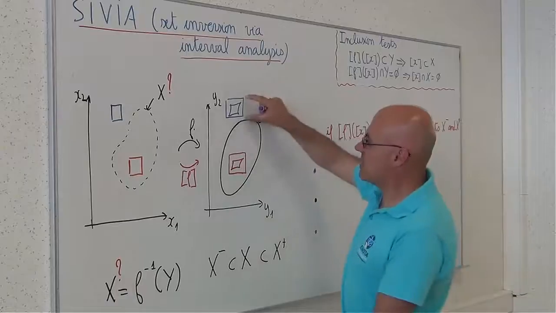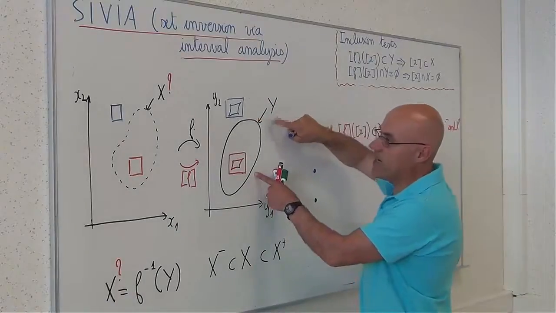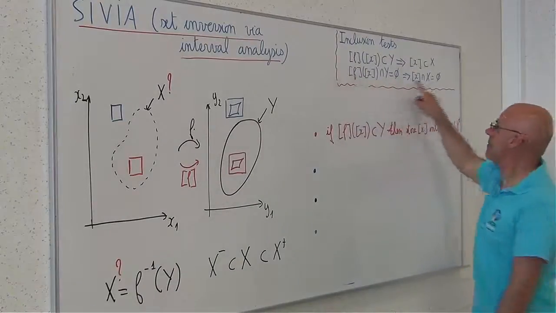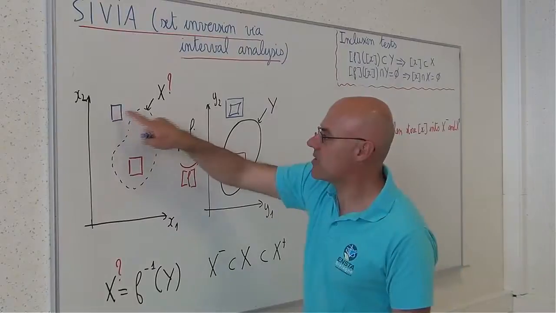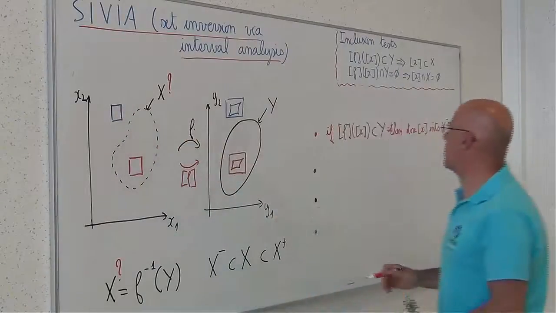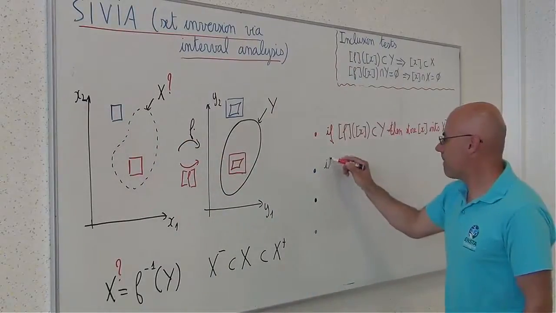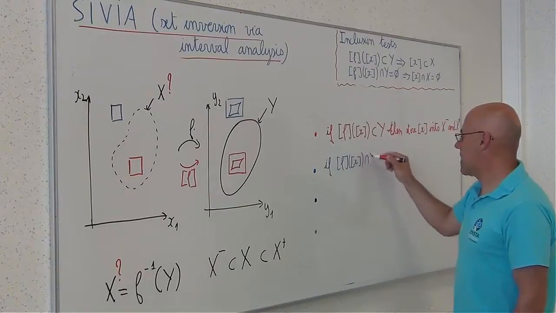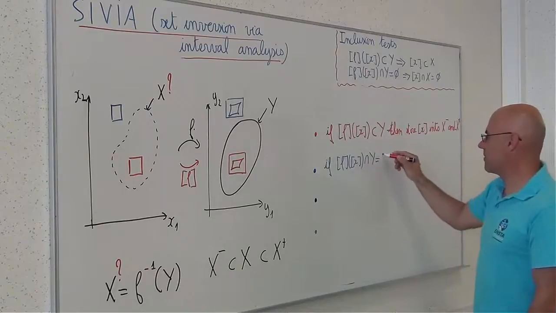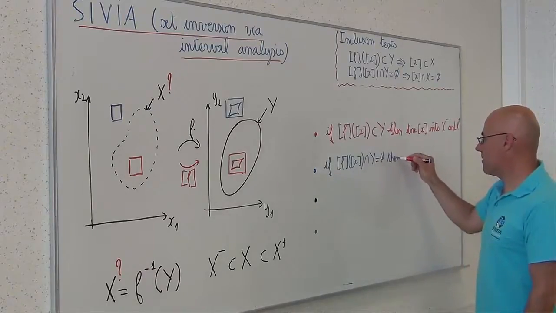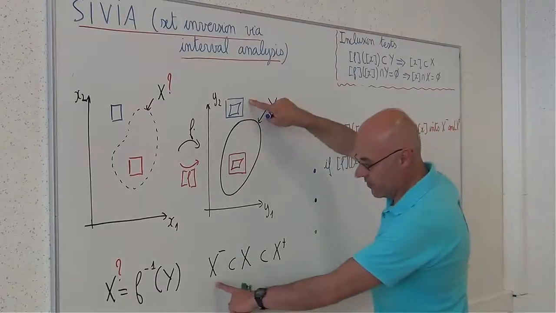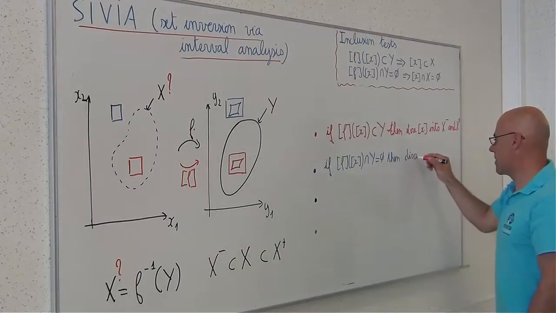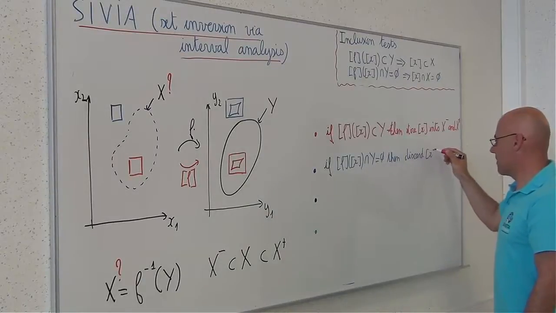And since this box is outside y, I can conclude, thanks to this inclusion test, that this box is outside X. So if f of x does not intersect y, then I will not store it neither in x minus, neither in x plus. So I discard it. Discard x.